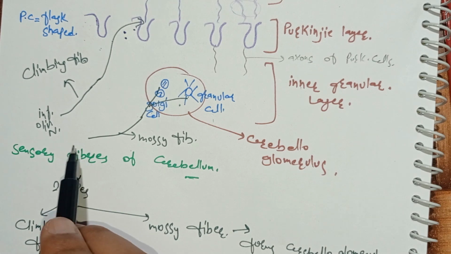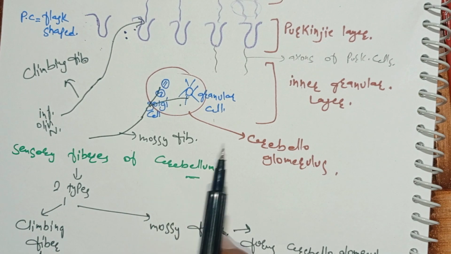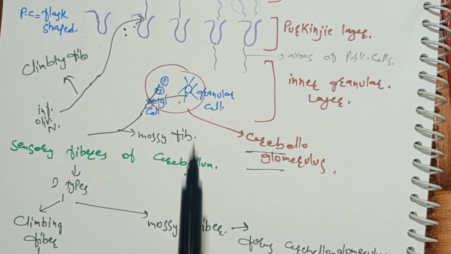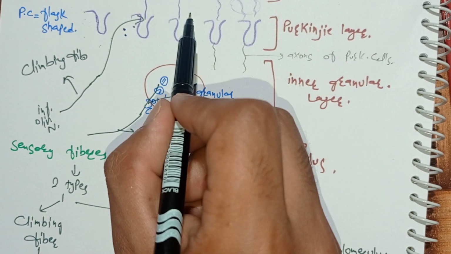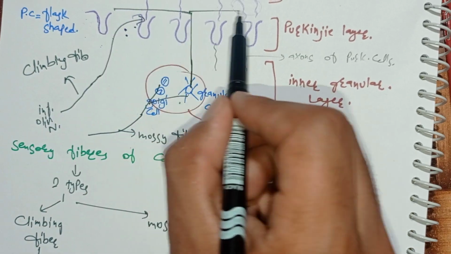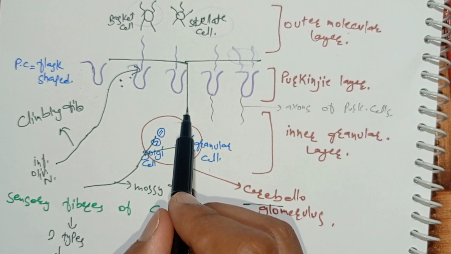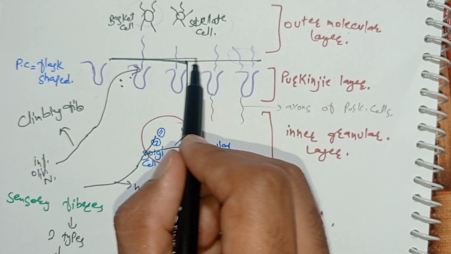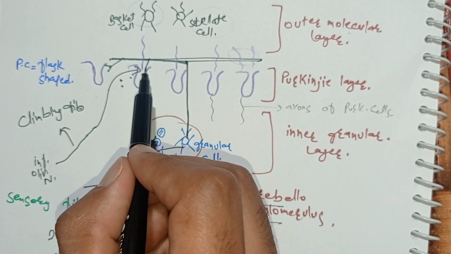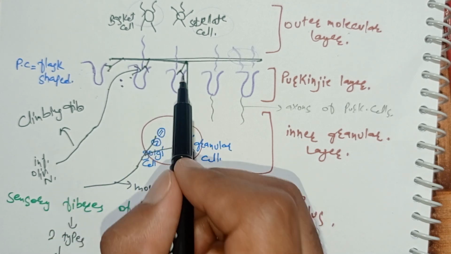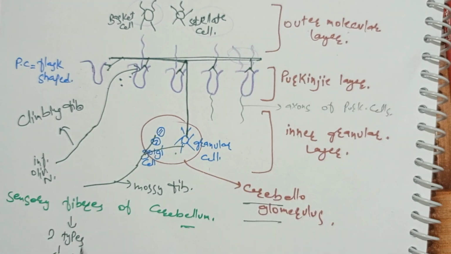So the mossy fiber comes, gives connections to the Golgi cells as well as to the granular cells, forming the cerebellar glomerulus. Then from the granular cell a T-shaped fiber arises, and this T-shaped fiber gives its connections to many Purkinje cells.